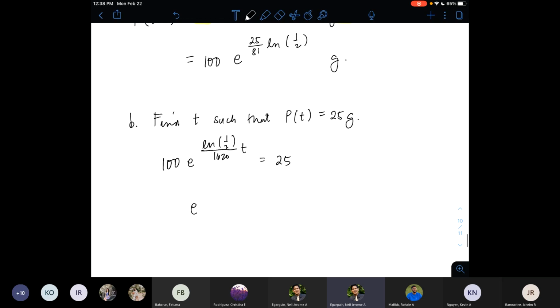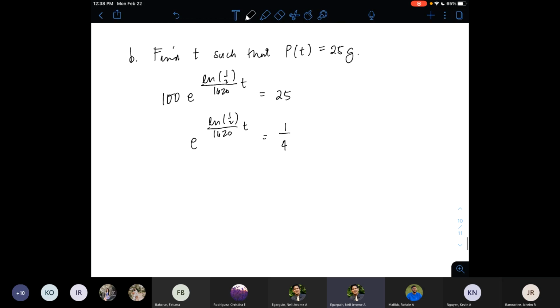Well, I'll divide both sides by 100. So I'll have e to the ln 1/2 over 1620 t equals 25 over 100, that's 1/4. Then I want to free t out of the exponent, so I take the natural log of both sides.